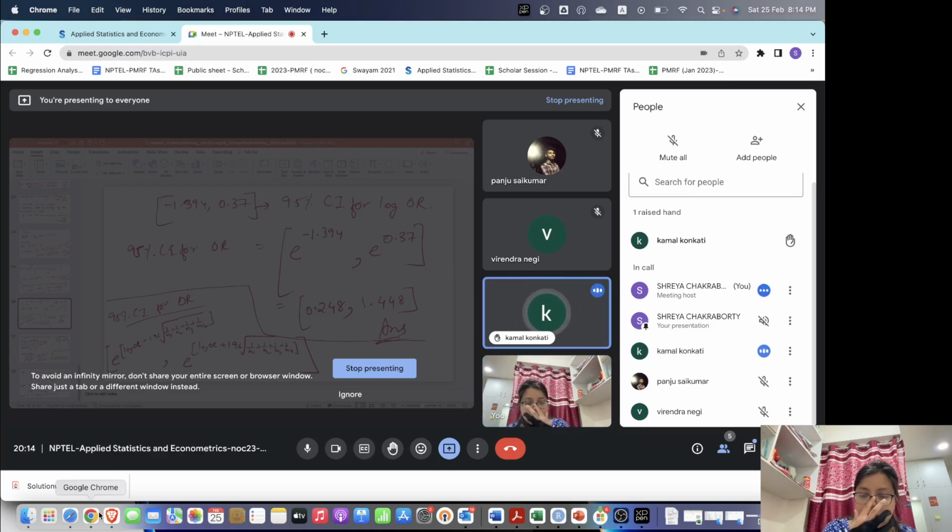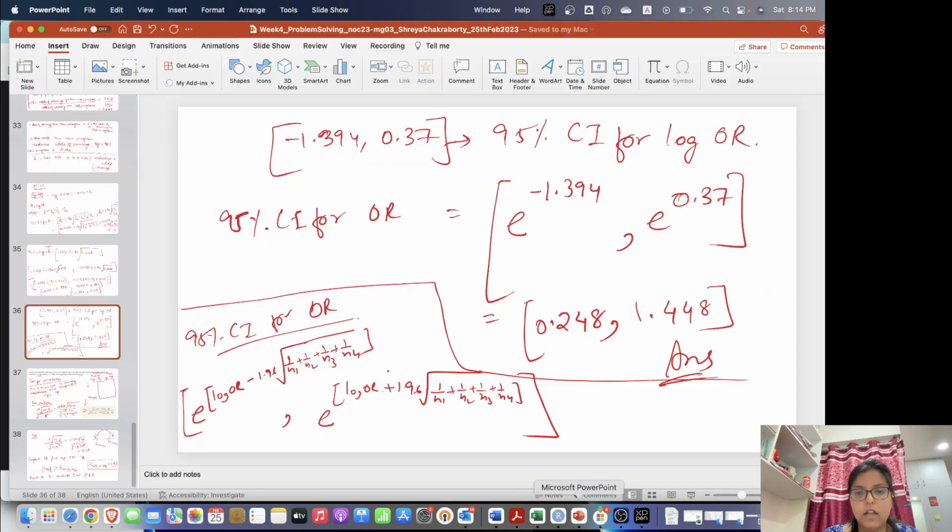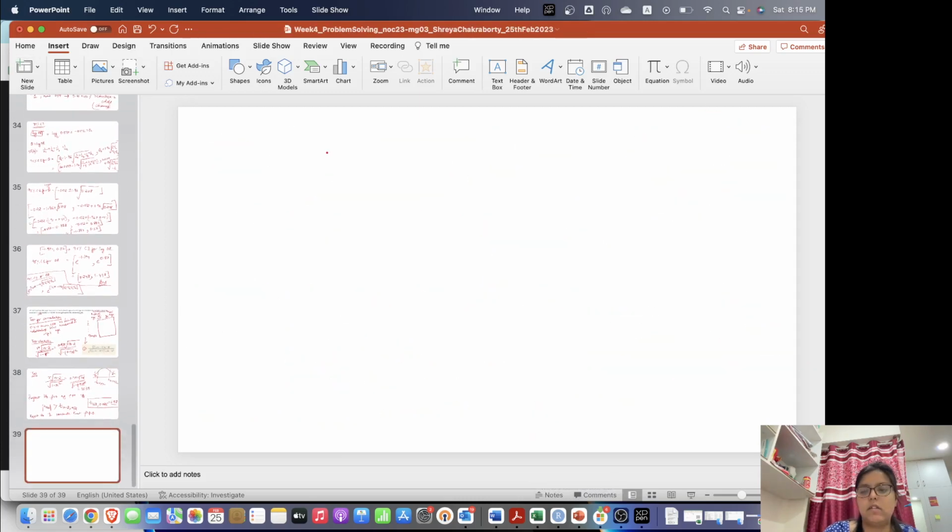Can you tell me how 10C3 is equal to 120? 10C3 is 10 factorial by 3 factorial into 10 minus 3 factorial.